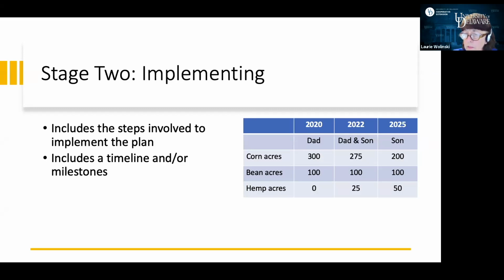But we know that the son wants to transition into adding hemp. So in 2022, they're going to take 25 acres from the corn and create 25 hemp acres. And by 2025, they want to have 50 acres of hemp, which means they'll lower the corn acres because they don't have in their plan anything about adding acreage to their farm.